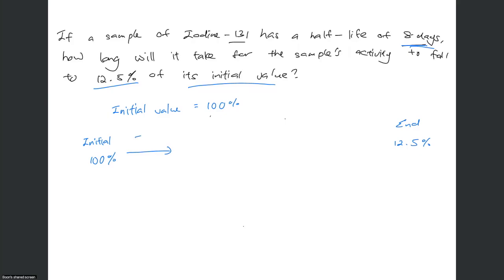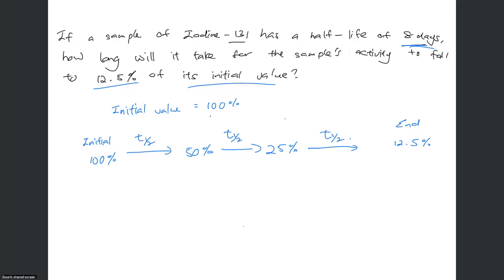100%, after 1 half-life, is 50%. And then we need to keep going. A second half-life will bring it down to 25%. From 25, if you take one more, it will be 12.5.